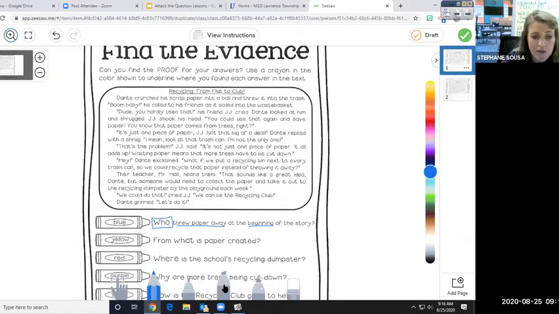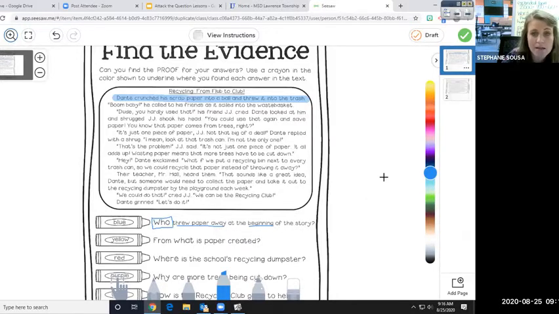I'm going to switch to that highlighter now and also make it blue. And I'm going to highlight that Dante crunched his paper into a ball and threw it into the trash. Notice that I have threw and paper in my highlighting because threw and paper is inside of my question. So those clue words help me, okay?